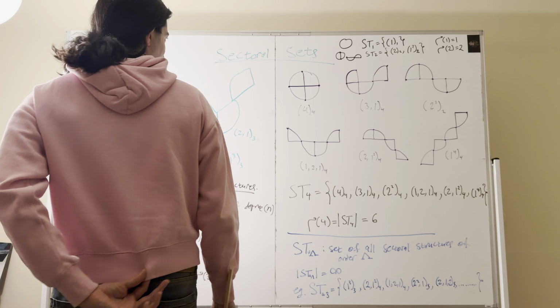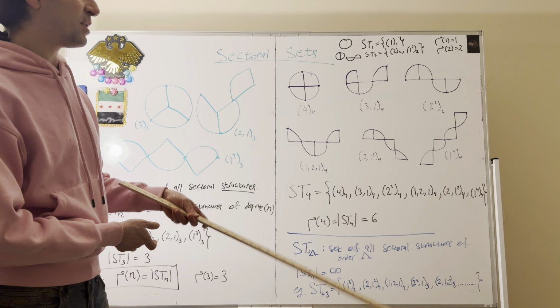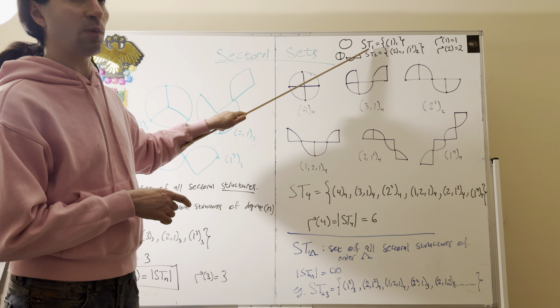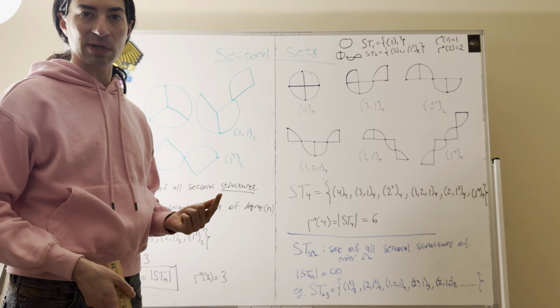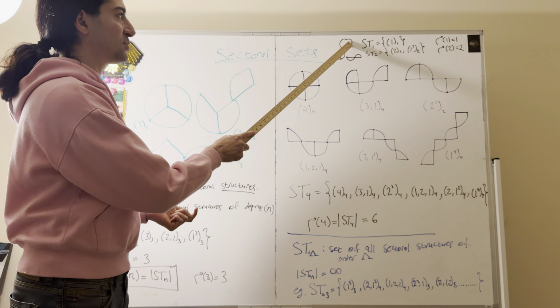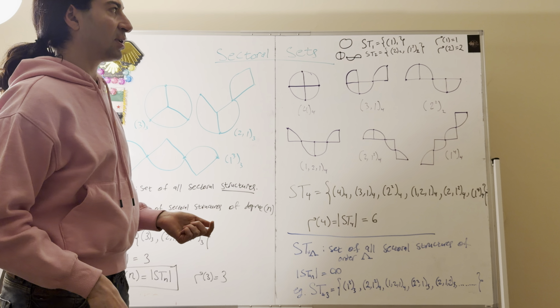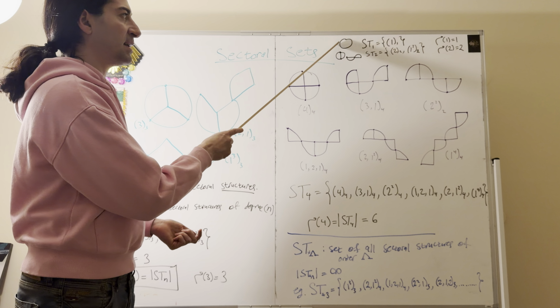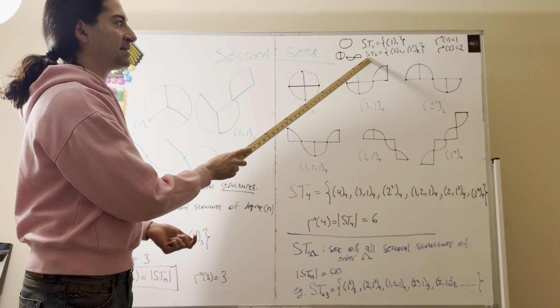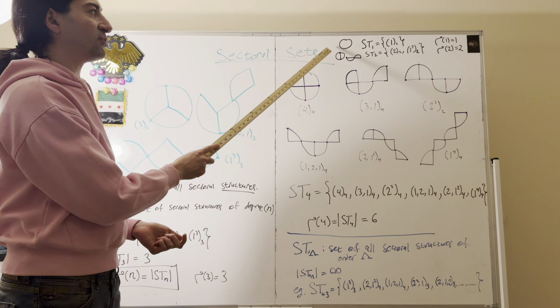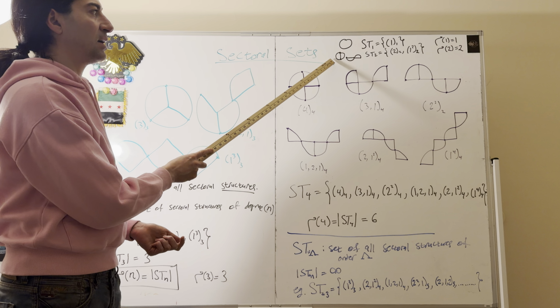Let's go to another example, but before that, let's define ST1. ST1 is only one sectoral structure of degree 1, and it is really just an empty circle like that. And the size of this set is also 1. And then we have ST2, which is made of 2 sectoral structures.